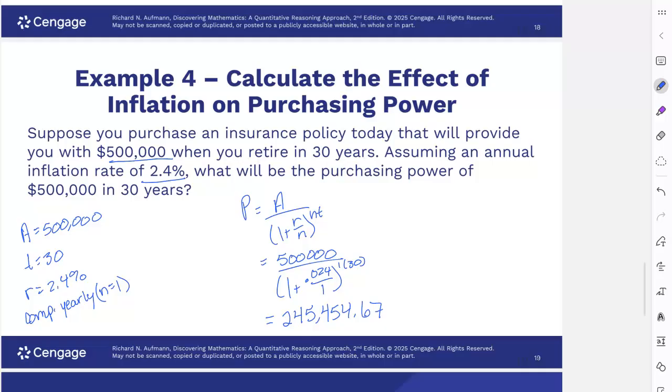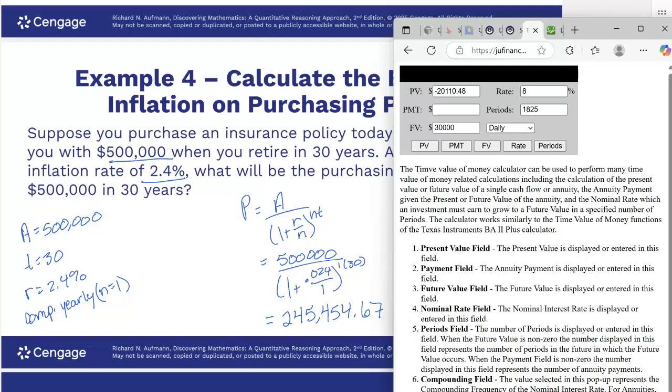Okay, now we could do that with that TVM solver also. So let me pull that up so you can see how it would work. I'm just going to delete everything out of my fields. So we want a future value of 500,000 for retirement. This is compounded annually, 30 years, and it's compounded once a year, so it's whatever that exponent is. Interest rate is 2.4%. We're going to leave it as a percentage.